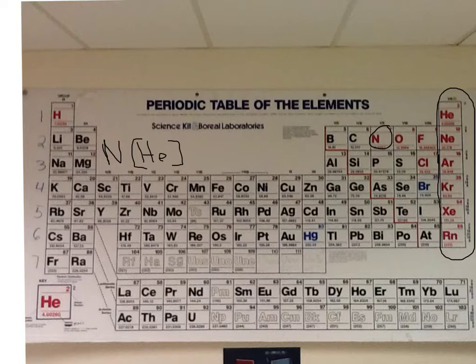So we start with helium. But of course helium is not nitrogen. We haven't reached nitrogen yet on the periodic table. And so what we have to do is start here at lithium and work our way across from lithium over to nitrogen.